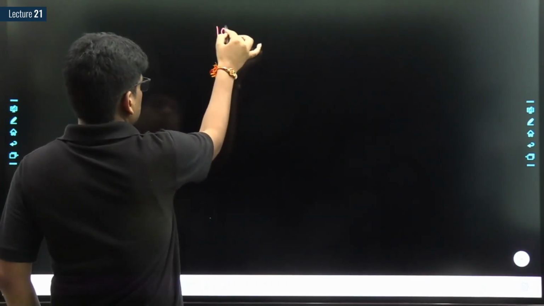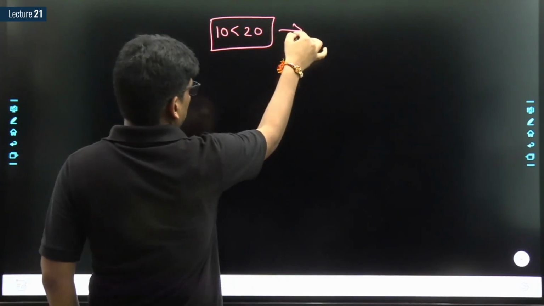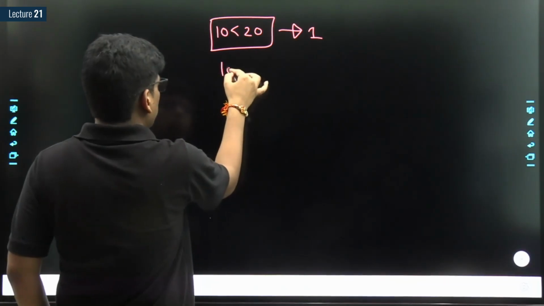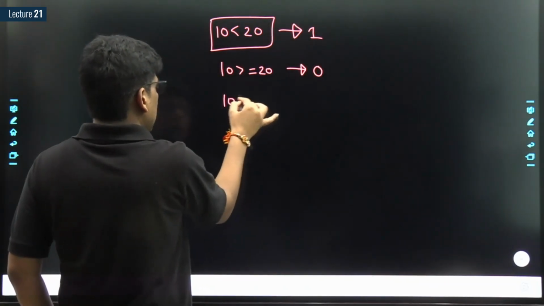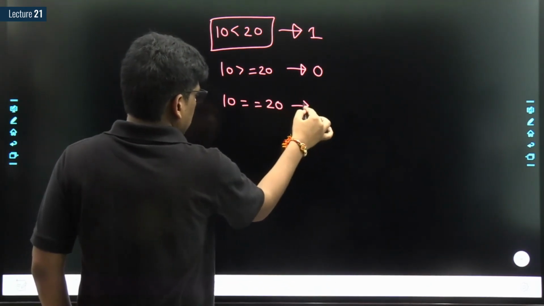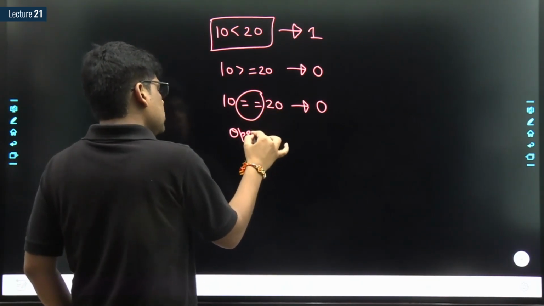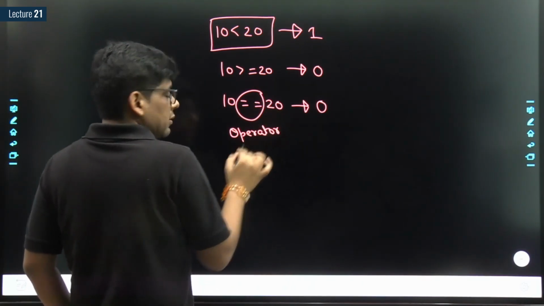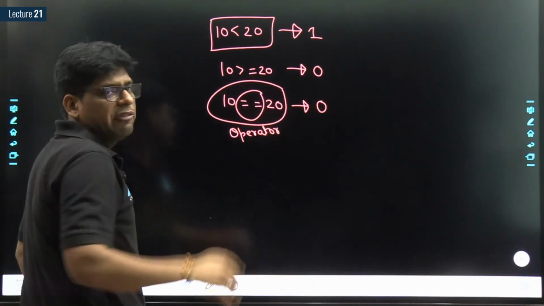Sir, you said that the output of this is 1. The output of this is 0. The output of something, that means the output. Sir, if you are using any operator, then the result must be some value.